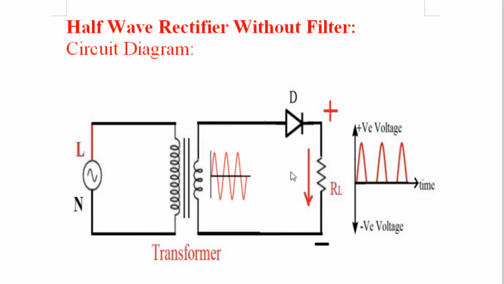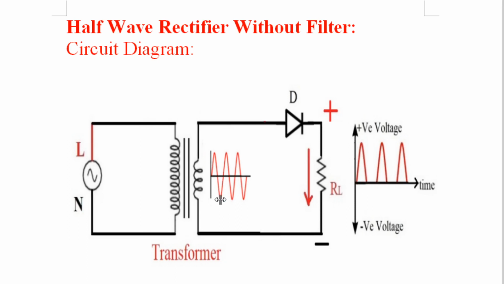Therefore, during the positive half cycle, out of the magnitude of the positive half cycle Vp, 0.7 volt will be only the drop across the diode, and then the remaining entire positive half cycle will appear across the load resistor.